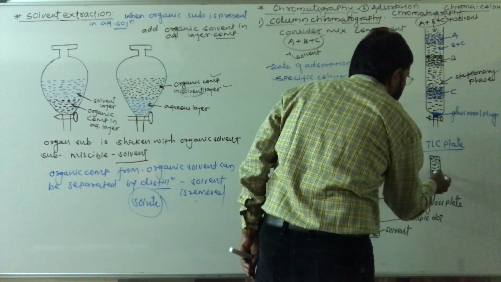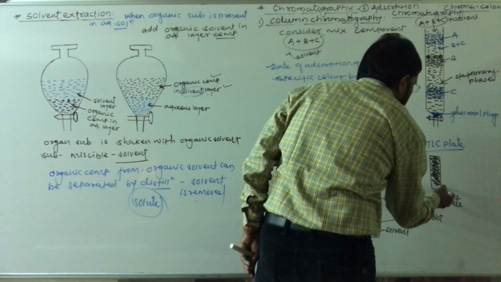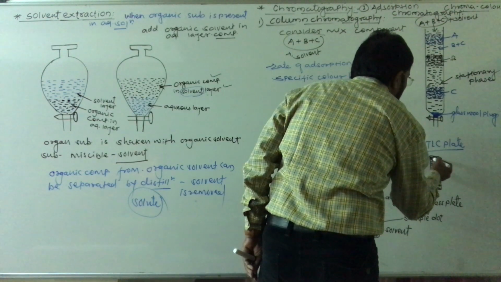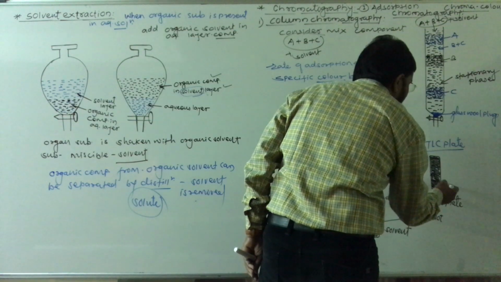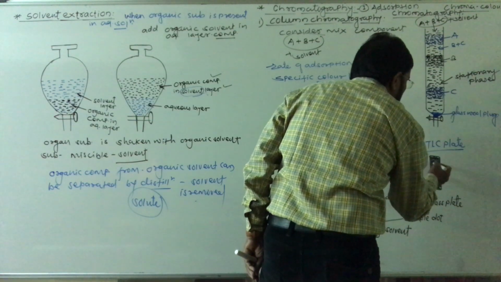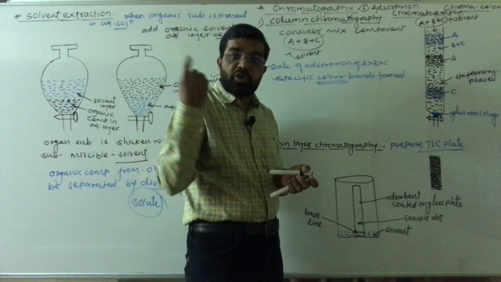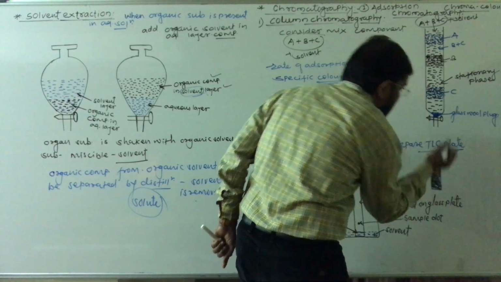This is nothing but the TLC plate, and from the bottom or from any side, at 2 centimeter distance, one spot of that mixture of liquid component is given like this.